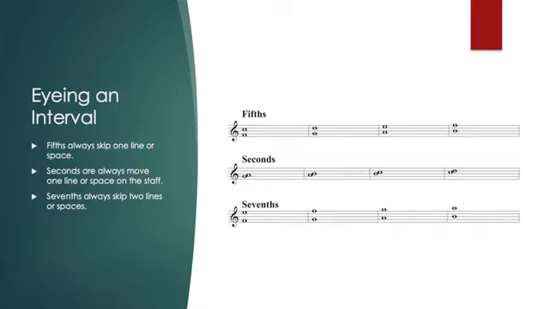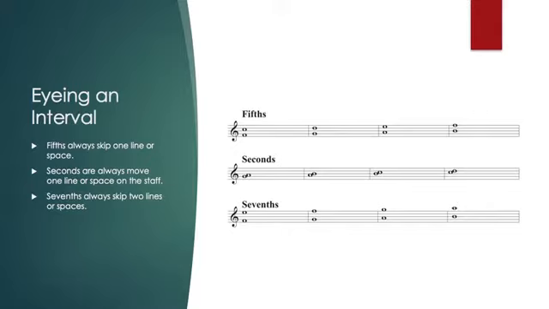If you look at your F and your C, it skips the A. Your G and your D, it skips the B. With your sevenths, it always skips 2 lines or 2 spaces. So in your first example, from the F to the E, notice that it skips the A and the C. In the next one, it skips the B and the D.